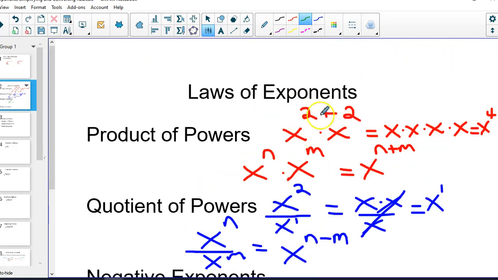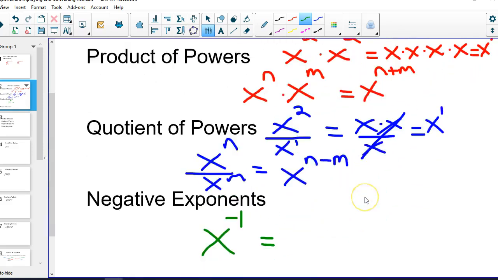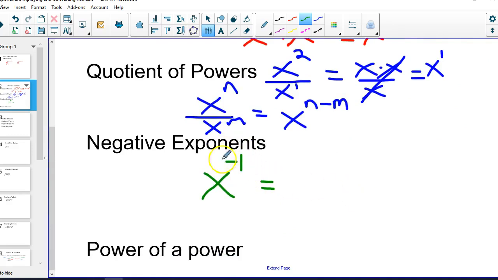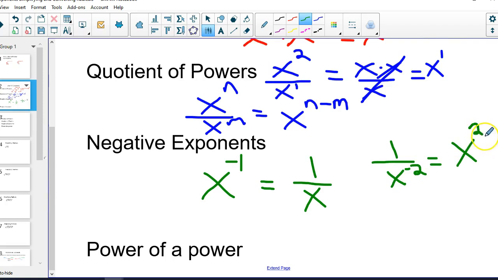So if I have x squared, that's x times itself twice. What this negative does is, instead of multiplication, the opposite of multiplication, which our negative sign means opposite, would be to divide. So with our negative exponents, we can flip it to the bottom. Similarly, if I have a negative exponent on the bottom, it flips up to the top.